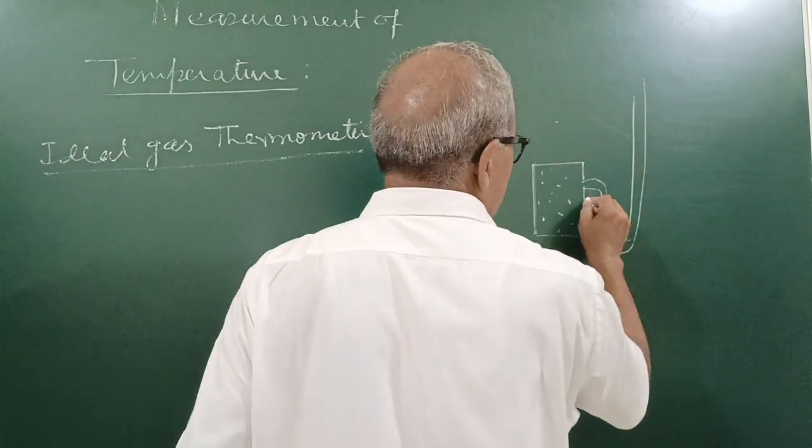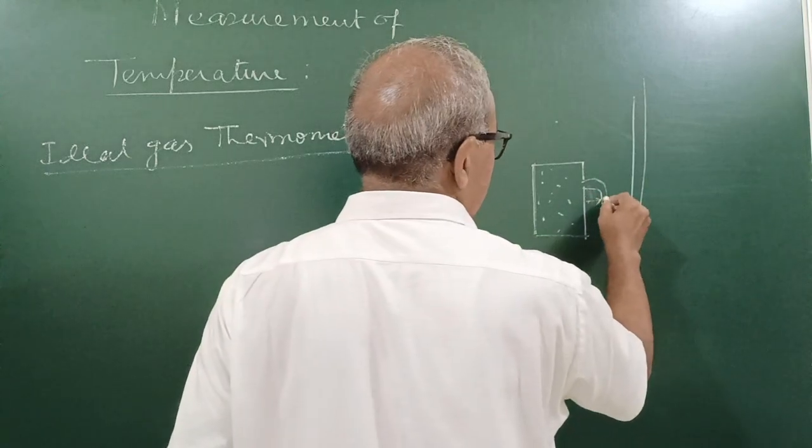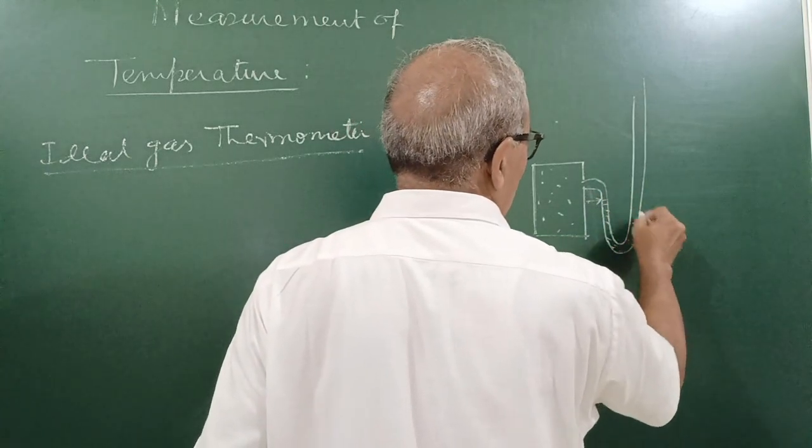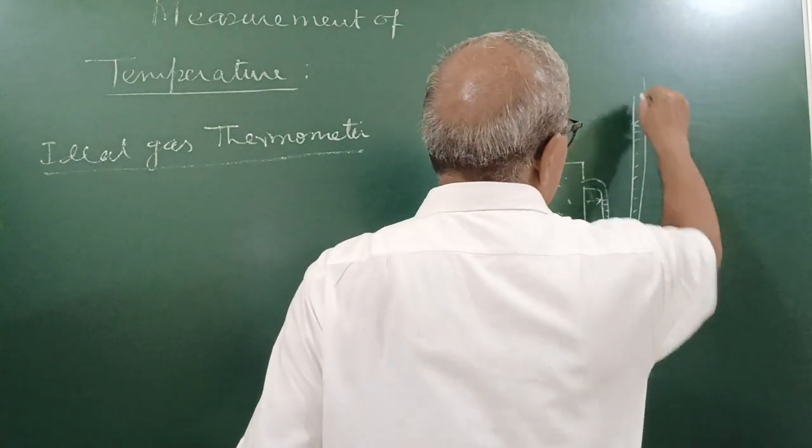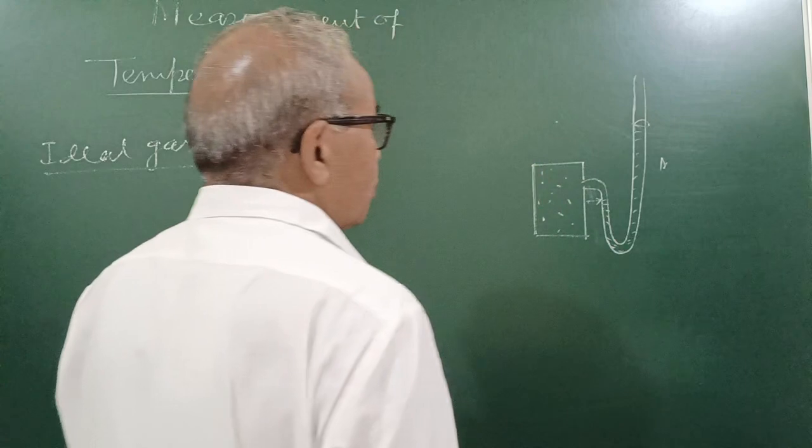Now, to keep volume constant, here we fill mercury or alcohol. Generally we fill mercury. This tube is transparent.